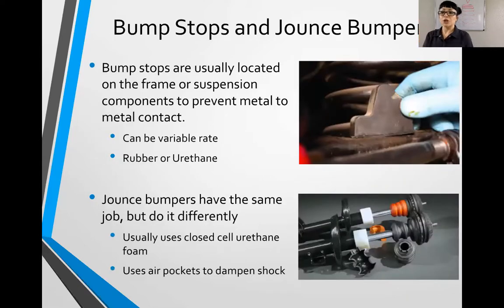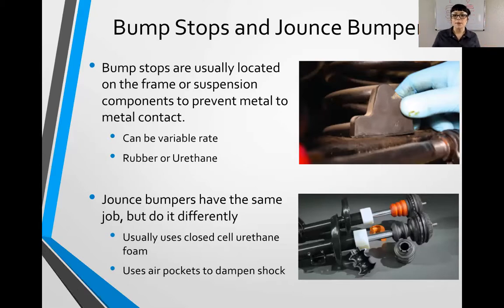Bump stops and jounce bumpers. So bump stops do the same job as jounce bumpers, but they do it differently, and they're made of different types of material. So bump stops, first off, let's talk about what they do.